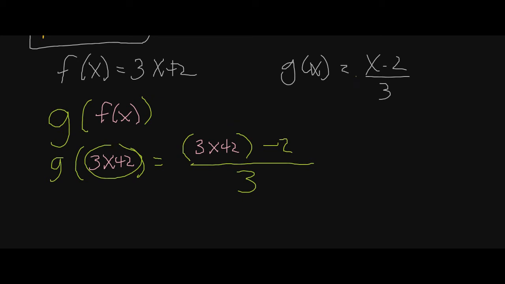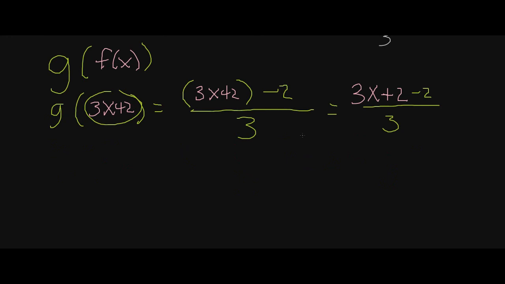All right, now let's go ahead. This is 3x plus 2 minus 2. Like before, I want to keep the colors the same. So 3x plus 2, minus 2, all divided by 3. Well, if we look here, what's 2 minus 2? Well, 2 minus 2 is 0, right?